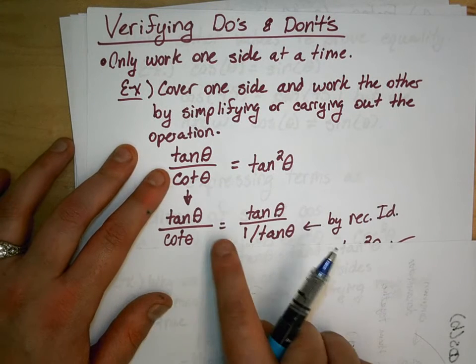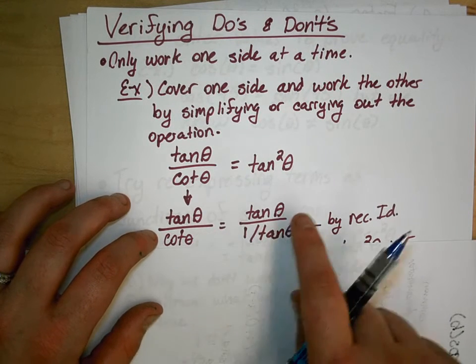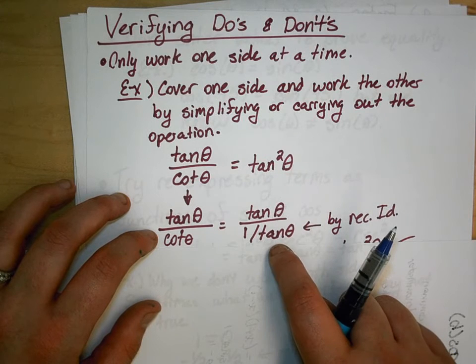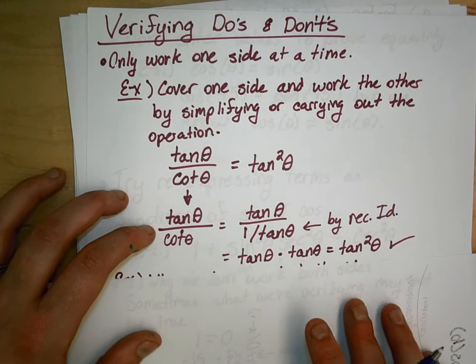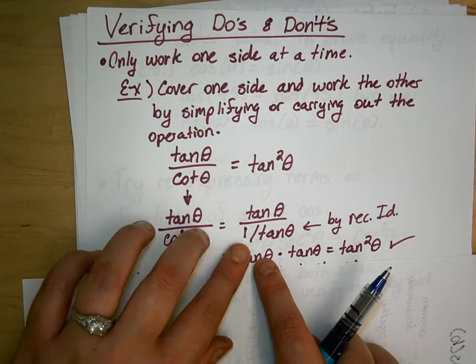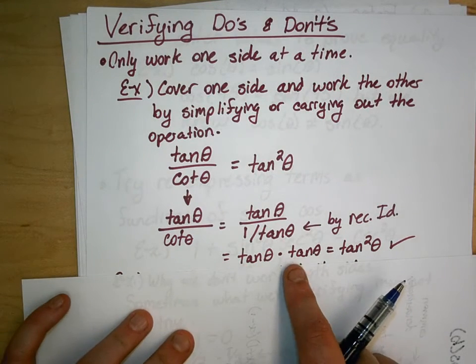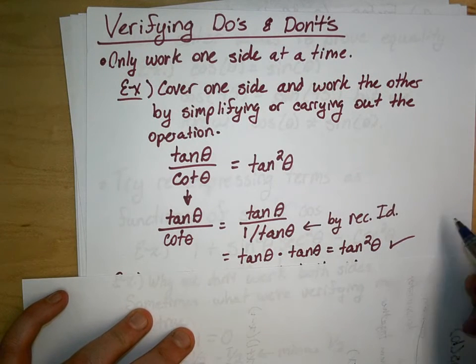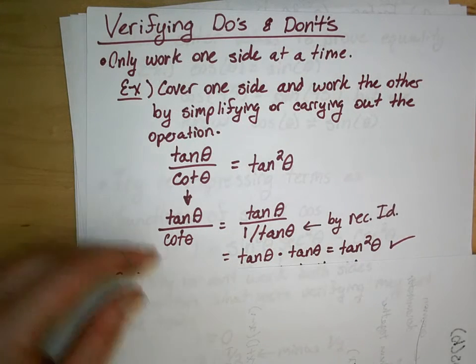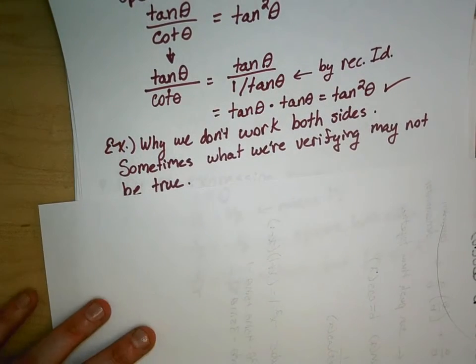So I would say tan theta over cotangent is the same thing as tan theta over 1 over tangent theta, by the reciprocal identity. And then remember, dividing is the same as multiplying by the reciprocal. You multiply by the reciprocal, and you get tan squared theta, which is what we wanted. So we are A-okay. All right, so then here's an example of what happens when you work both sides of the equations.